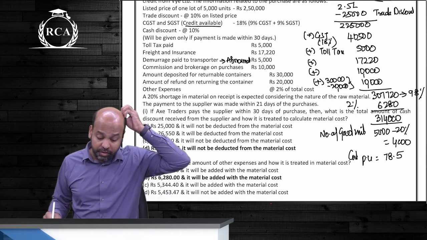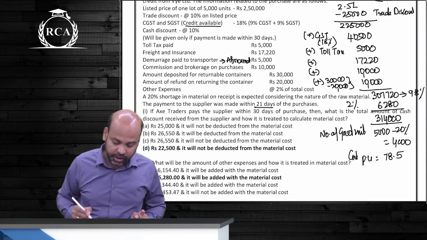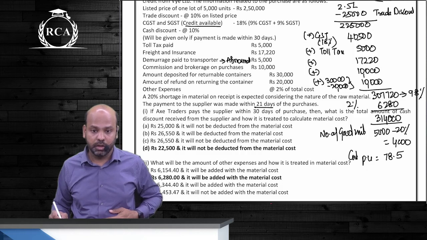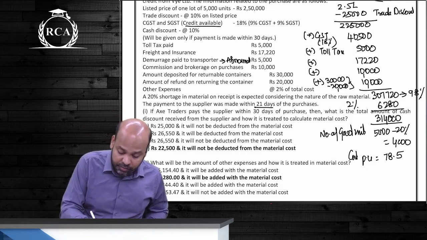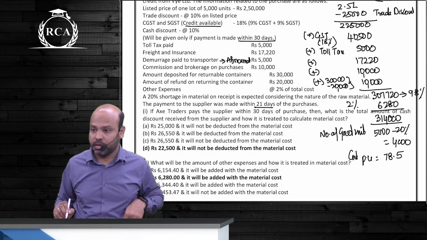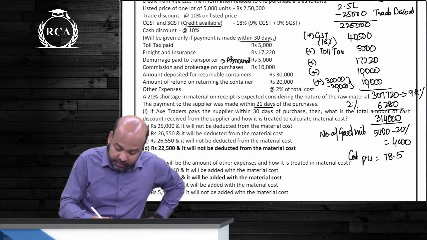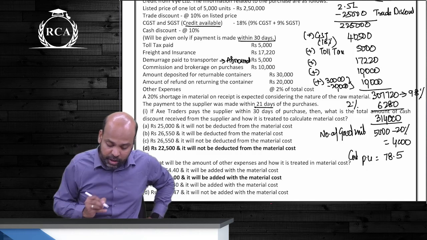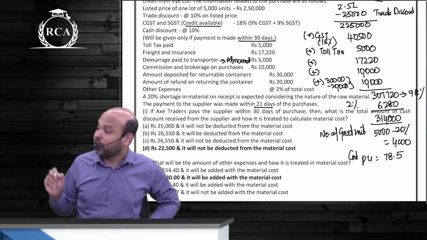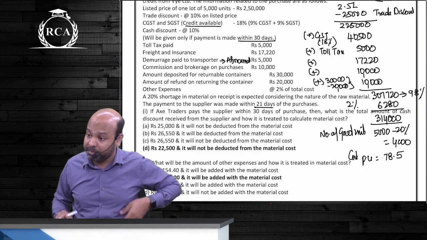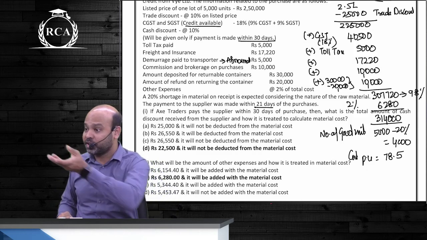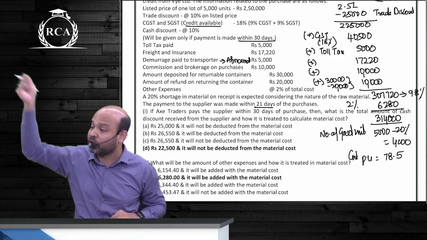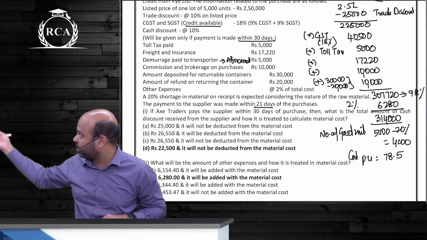Now, we actually paid the amount within 21 days, guys. We will get cash discount if we pay the amount in how many days? Here it says, what will be the amount of cash discount that you will receive, guys? He will give us cash discount of 10% only on net purchase price. वो कहीं को GST का discount देगा बेटा. Shouldn't he pay that to the government? And बाकी सब expenses are our expenses.